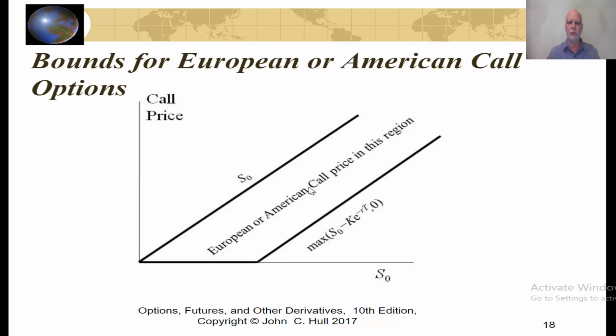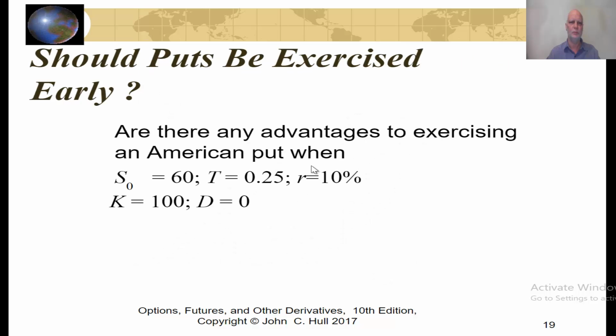And since the call just gives you the option to buy the stock, the upper bound has to be the stock. So the price of both the American and European calls as a function of the underlying stock price has to lie in this region.